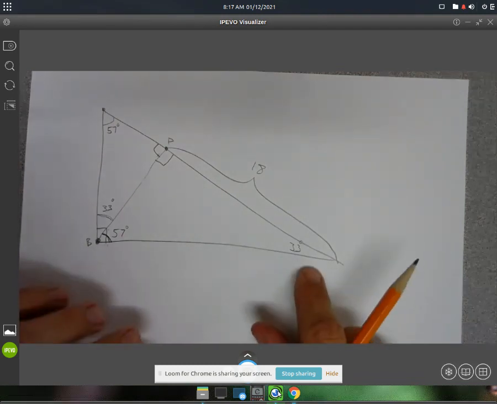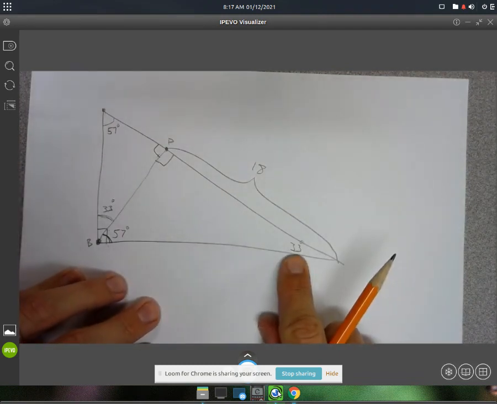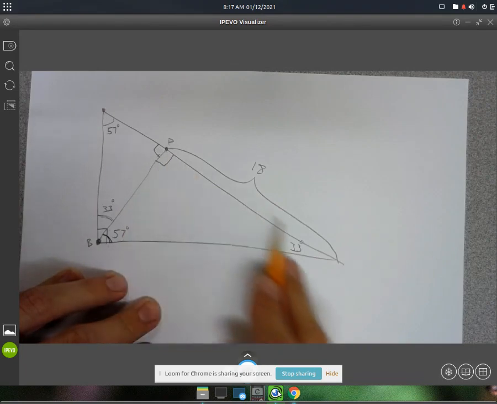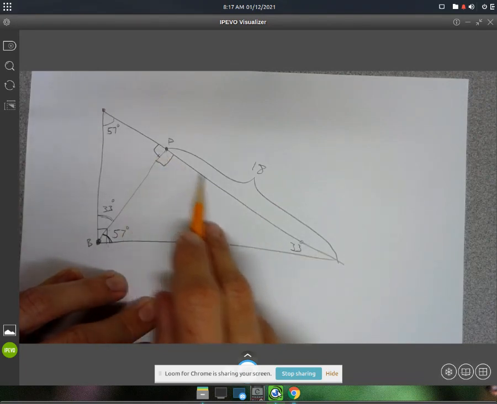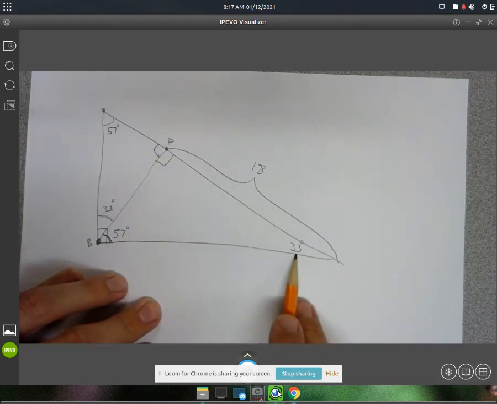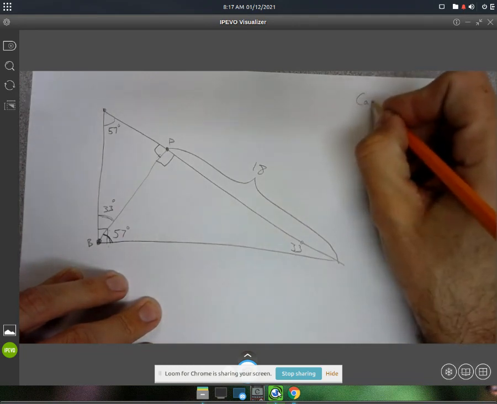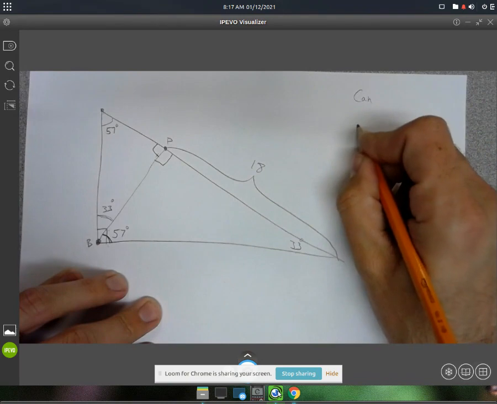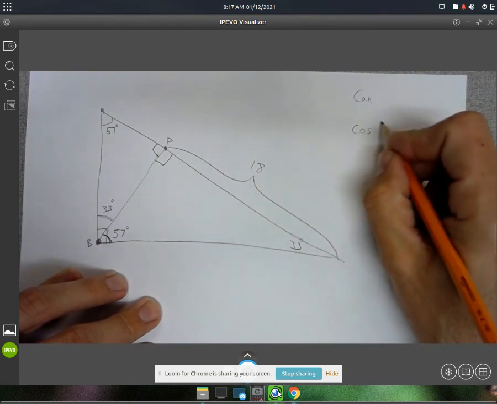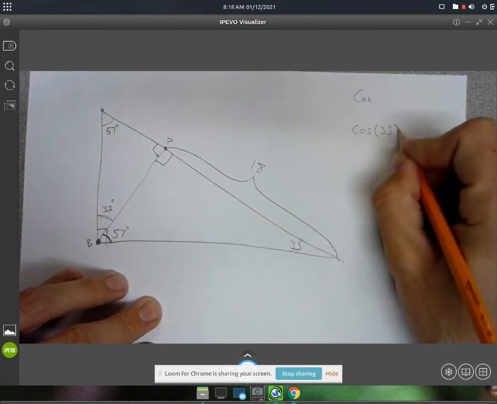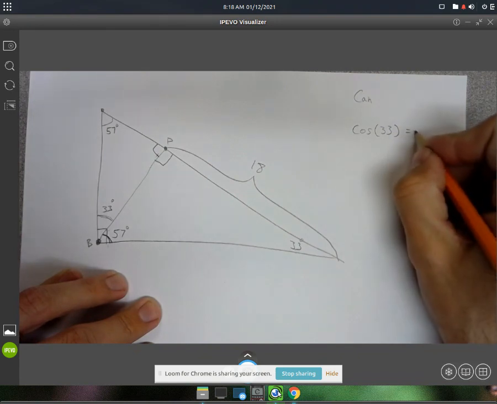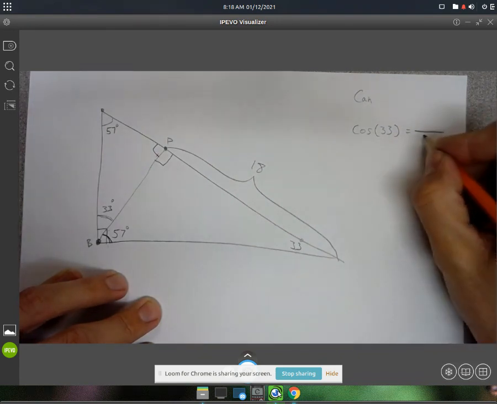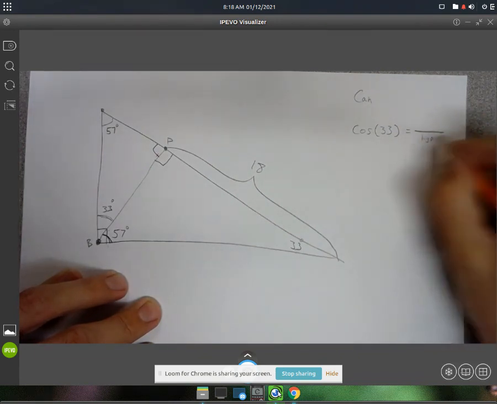Now, let's get to solving this thing. I know that this side right here is adjacent to my 33-degree angle, so I'm going to have to use cosine. Cosine of 33 is equal to adjacent over hypotenuse, and the adjacent is 18.